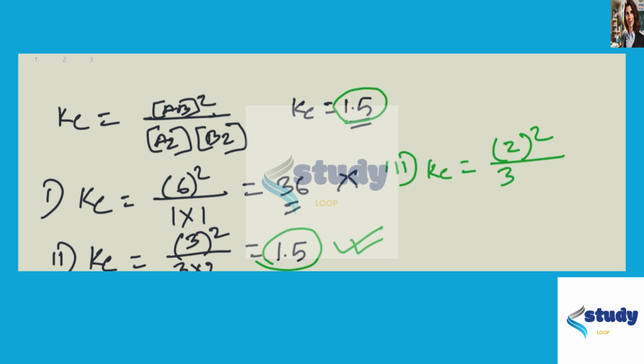So in the denominator we'll have 3 times 3, so it will be 4 over 9, which will give us a value of 0.44. This is the Kc value for the third reaction mixture, and since it is not similar to the standard Kc value, 3 is also not at equilibrium yet.